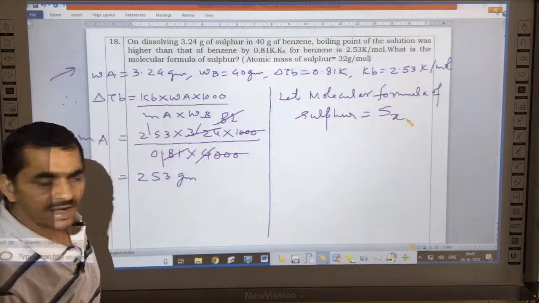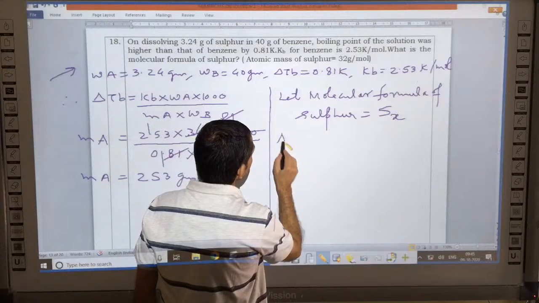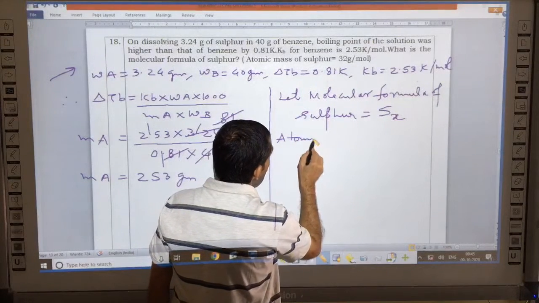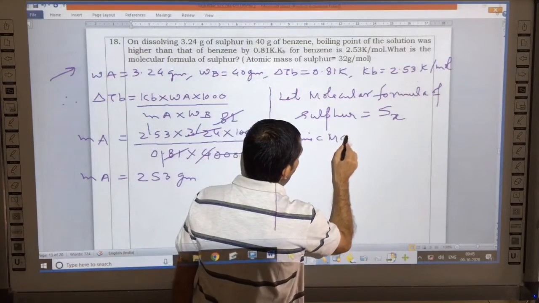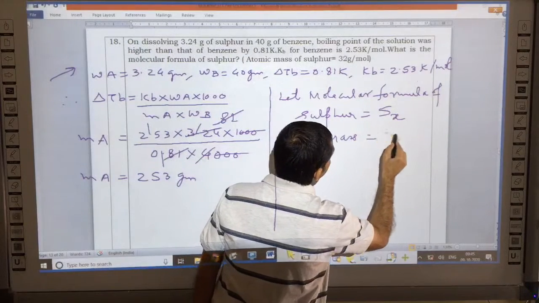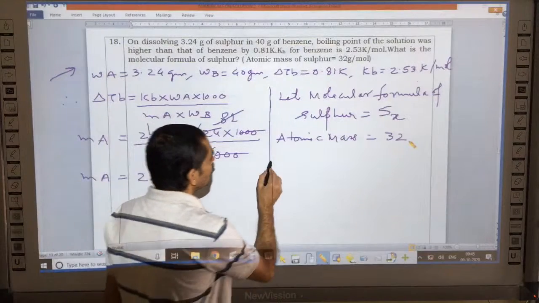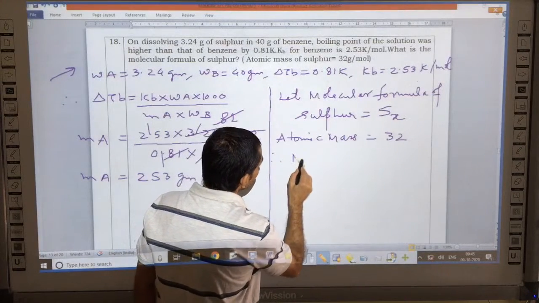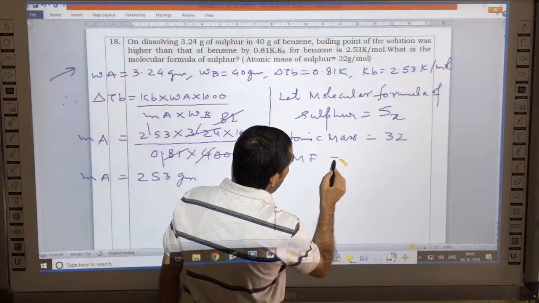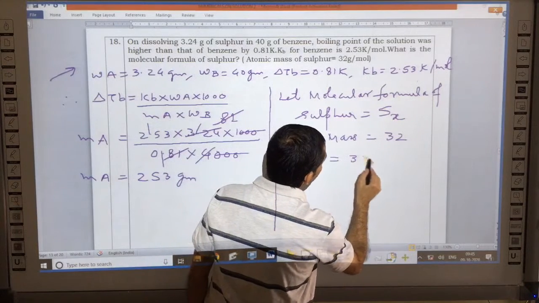X is the number of atoms. Atomic mass is given. You know, the atomic mass of sulfur is 32. Yes or no? Therefore, the molecular formula mass will be equal to what? 32 into X.